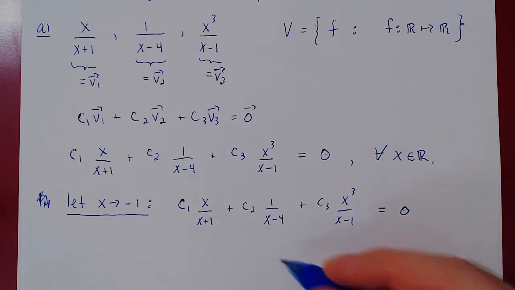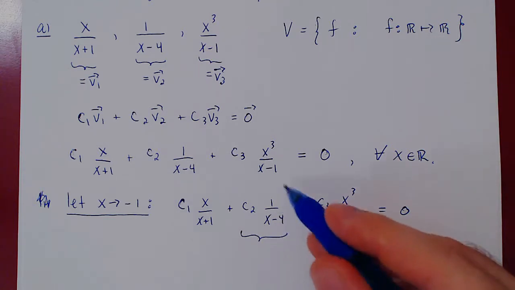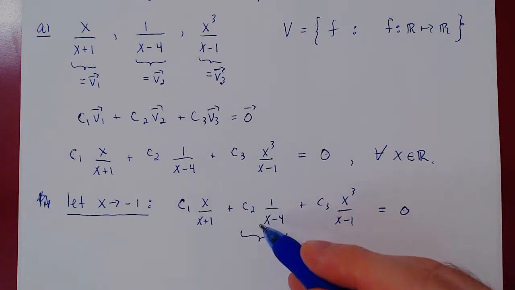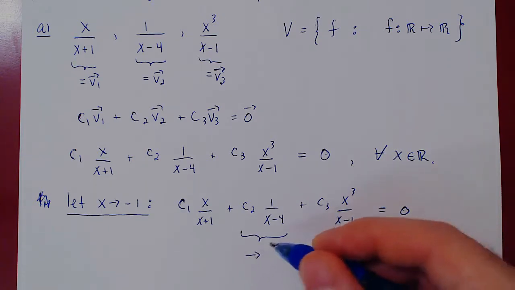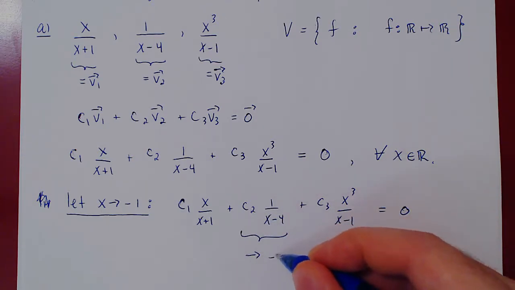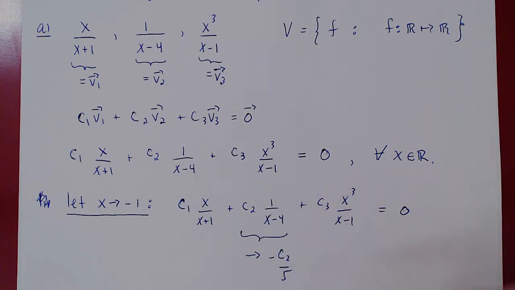Let's look at these two terms first. As x approaches -1, this will approach 1 over -1 minus 4, which is -1 over 5. So this will approach quite simply -c2 over 5. The key is this will be approaching a fixed constant.